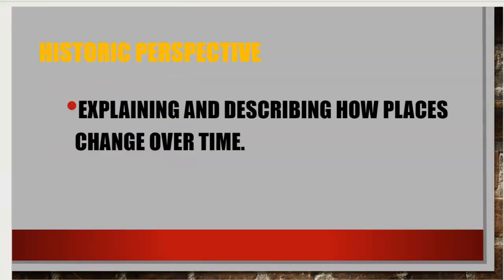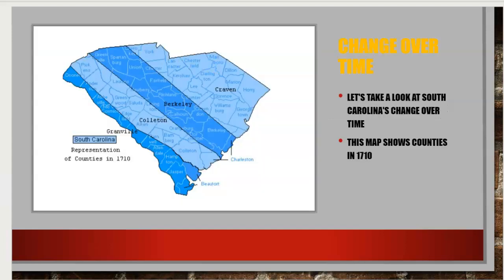And a historic perspective. A historic perspective is when you try to explain or describe how places change over time. So when we look at this map here, we can see that this is South Carolina's 1710 counties. There they are, 1, 2, 3, 4 in 1710.